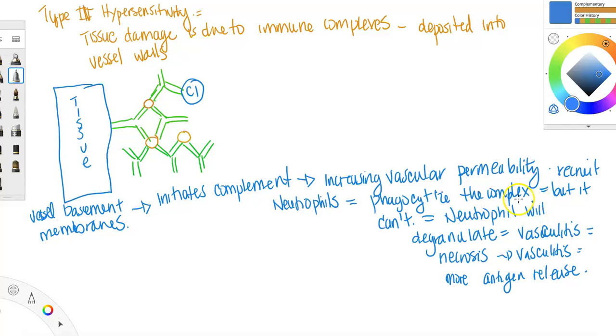So more complexes into the tissues. So we can kind of show this here. This is the neutrophil that comes to try to phagocytize the complex there, and it can't do it. So then we get all this going on.